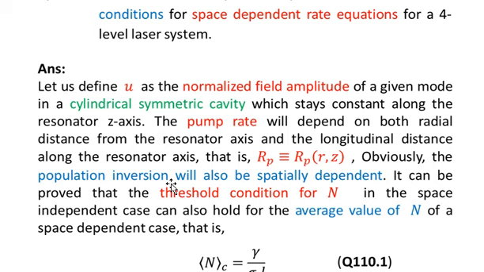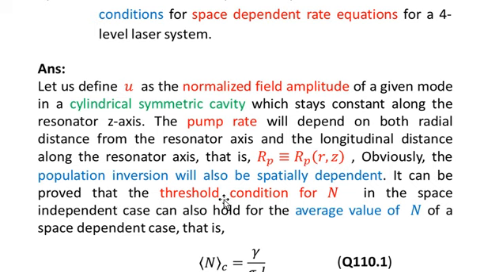Obviously, the population inversion will also be spatially dependent, since we have a pump rate which is spatially dependent on the two coordinates r and z of the cylinder. Similarly, on the same basis, we can say that the population inversion will also be spatially dependent.